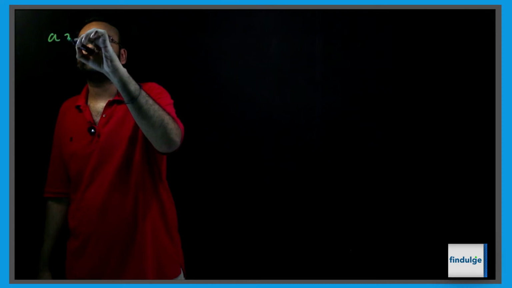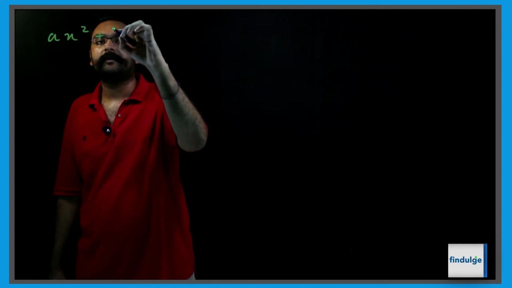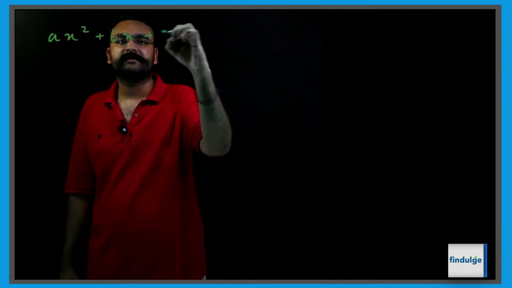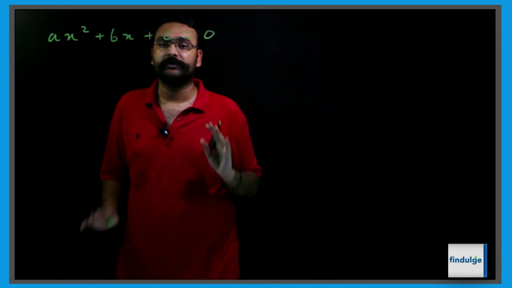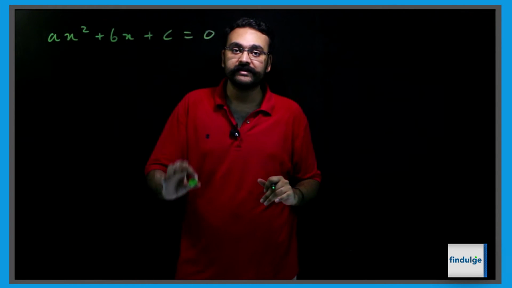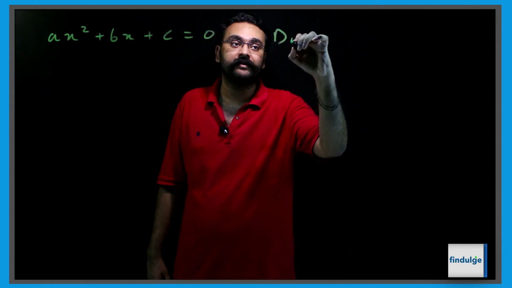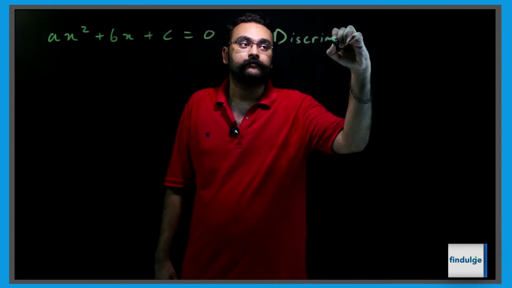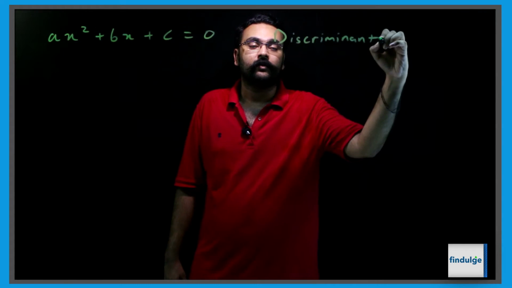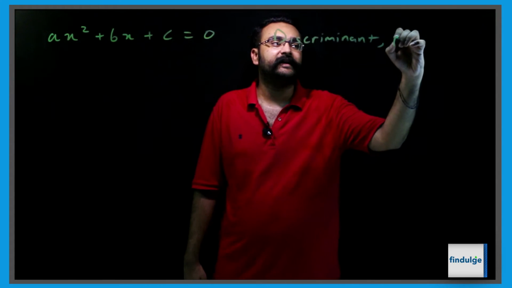Finally, the discriminant method. In this one, we just have a formula. Let's say that my quadratic equation is ax squared plus bx plus c equal to 0. First, we calculate this thing known as the discriminant, which is simply known by the letter d.